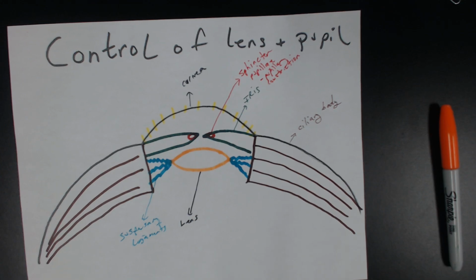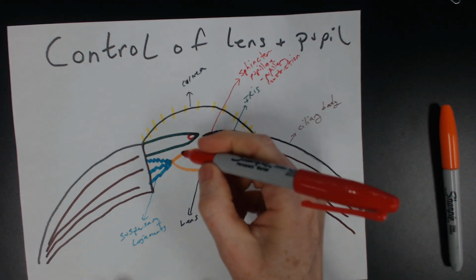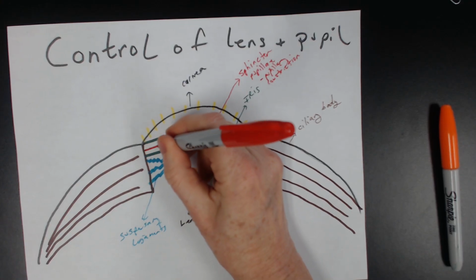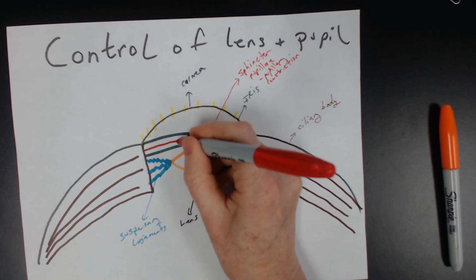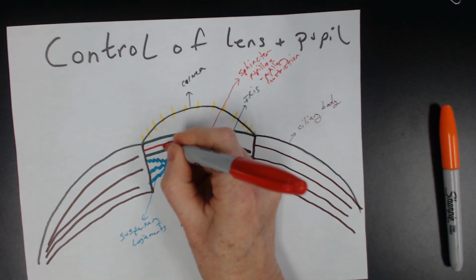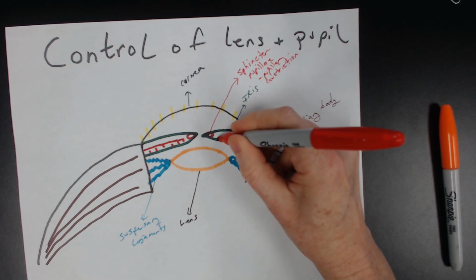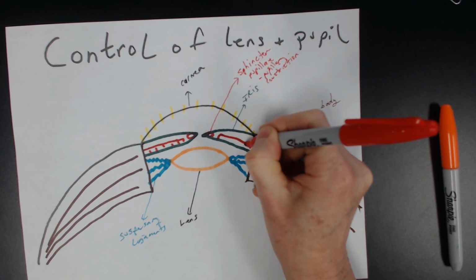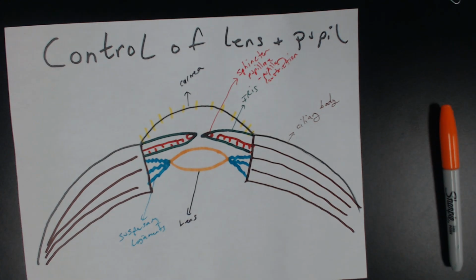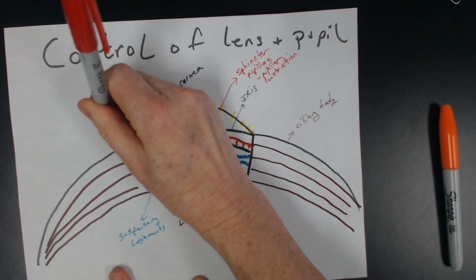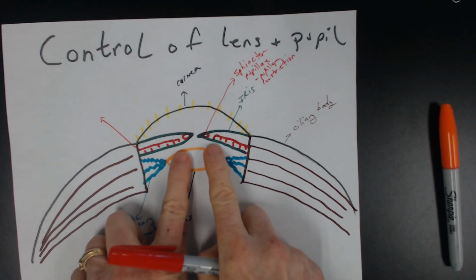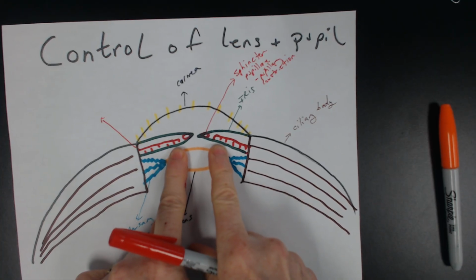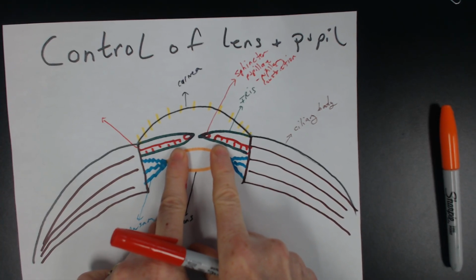And then there's one more muscle. This muscle is going to exist here at the bottom, or the inside most piece of the iris bilaterally. If this muscle contracts, what do you think is going to happen to the size of the pupil?